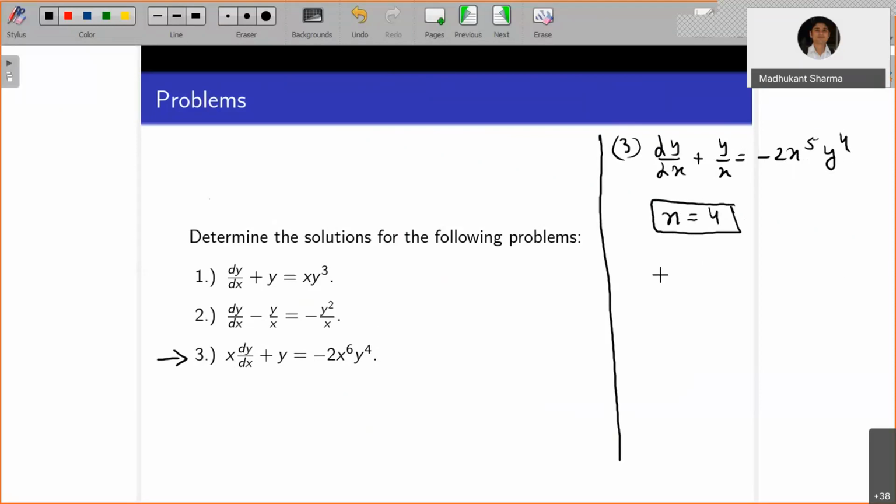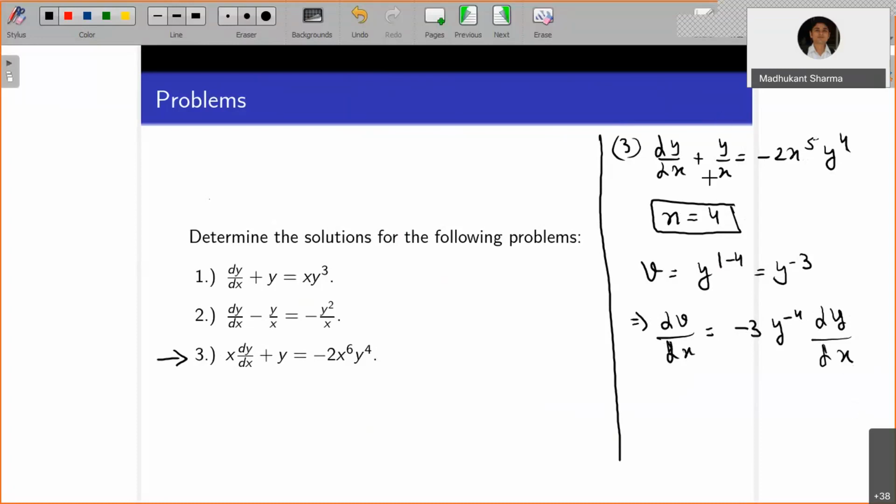So you have the transformation now. v equals y to the power 1 minus n, that is 1 minus 4, so that's y to the power minus 3. This implies dv by dx equals minus 3 times y to the power minus 4 times dy by dx.